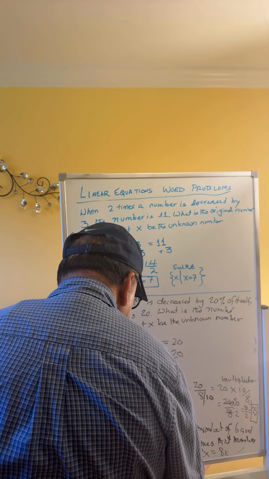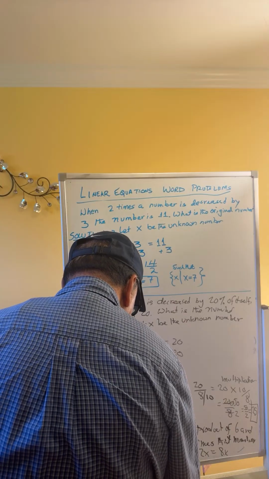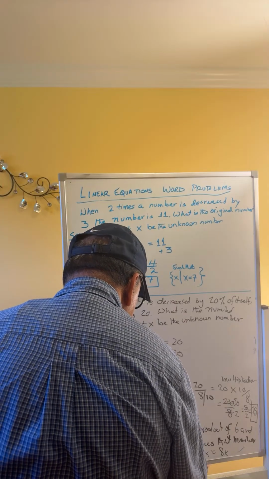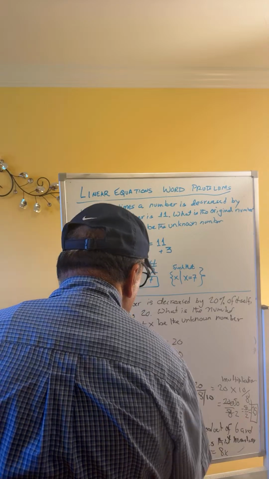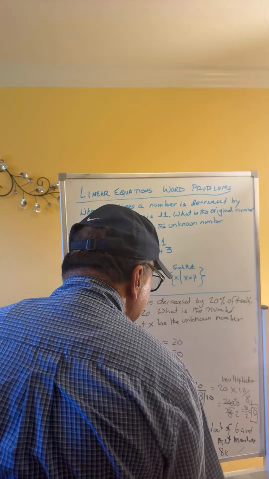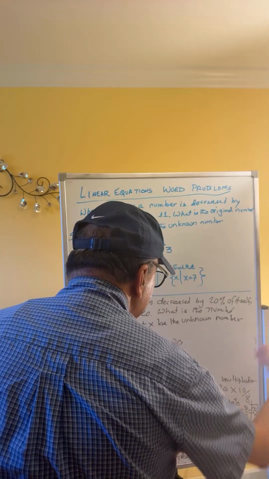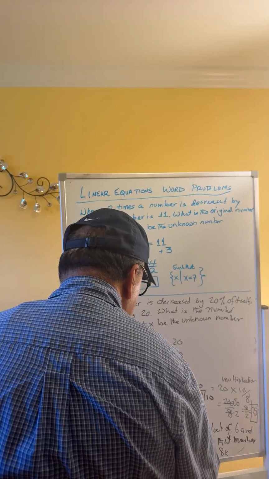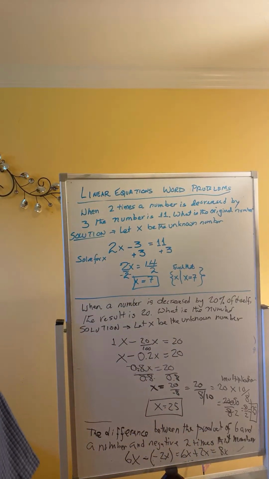Why did I do that? Because next I will take the minus sign. Minus means minus 1, distribute it to the minus 2x. Minus 1 with a minus will become positive. Very important: one minus multiplied by another minus becomes a positive. So 6x plus 2x is 8x.